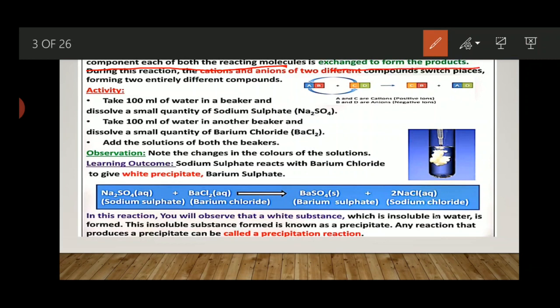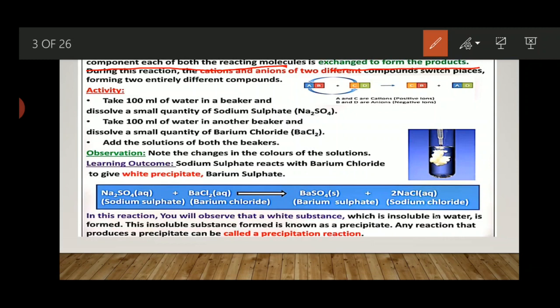In simple language, it is a type of chemical reaction in which one of the components of both the reactants interchange their place in order to give a combination of products, and that type of reaction is known as a double displacement reaction.